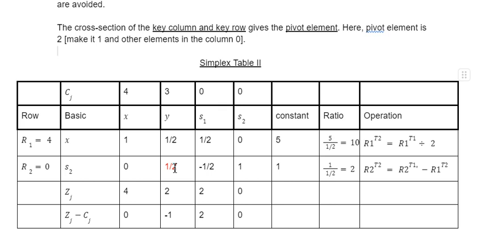Likewise, we have the pivot element 1 by 2. Since 2 is less than 10, this row is the key row, and -1 is the least element among this row's elements, and the intersection of this column and this row is 1 by 2. So our pivot element is 1 by 2.